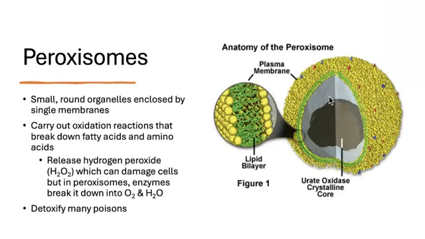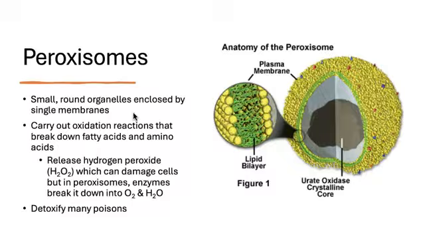Next, we have our peroxisomes, and these are small round organelles that are enclosed by a single membrane. I accidentally put an S there, single membrane, and they're going to carry out oxidation reactions that break down fatty acids and amino acids. So they will do this by releasing hydrogen peroxide, which can damage the cells, but in peroxisomes, the enzymes break it down into oxygen and water.